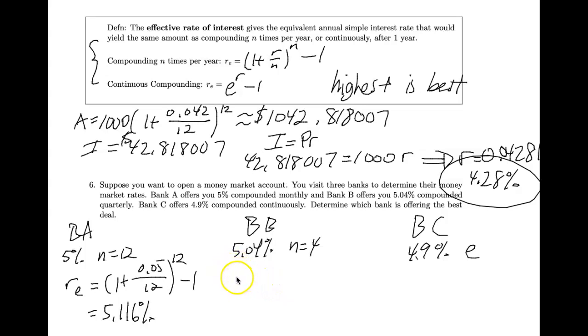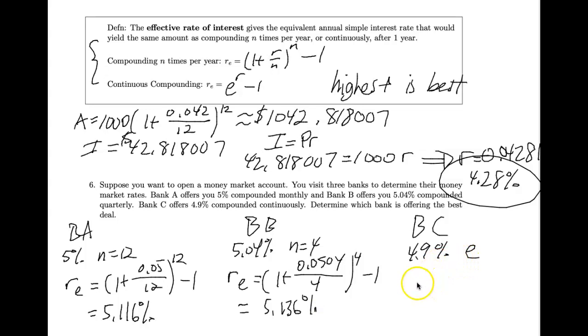And for the second bank, we'll have 1 plus 0.0504 divided by 4, all to the 4, minus 1, and that's going to get us 5.136%, so it looks like Bank B right now.